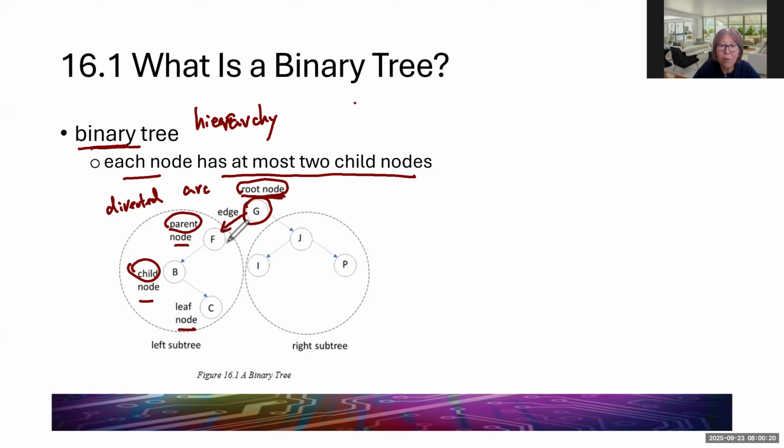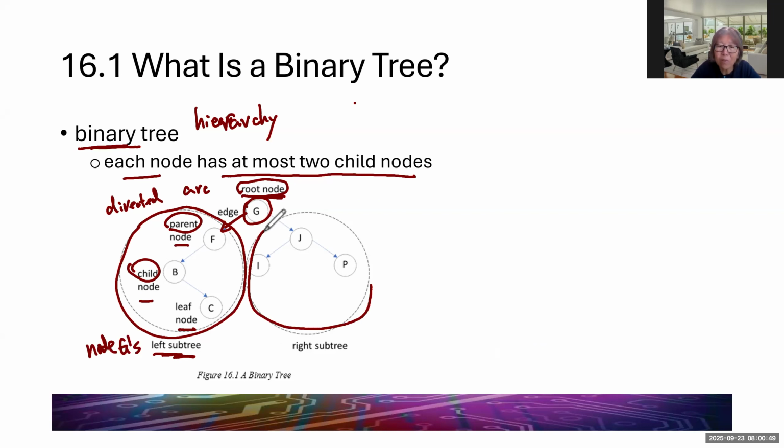When we discuss binary trees, we also talk a lot about subtrees. A subtree is basically a branch. Like in this case, node G is the root node. Its left branch, this big circle, is node G's left subtree.